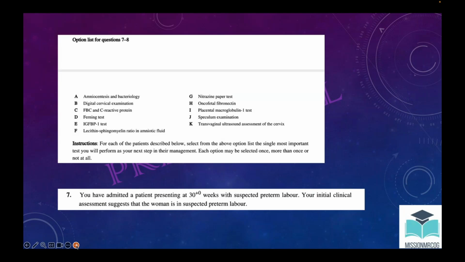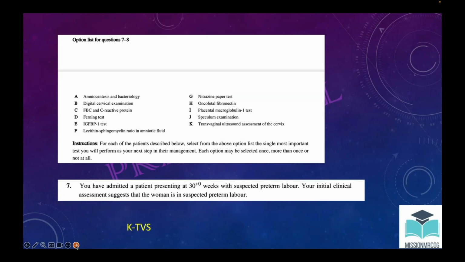Yes, sorry. If the patient is more than 30 weeks, then TVS or FFN to find out whether the patient is in labor or not. If it is less than 30 weeks, always treat as preterm. So the answer is TVS.